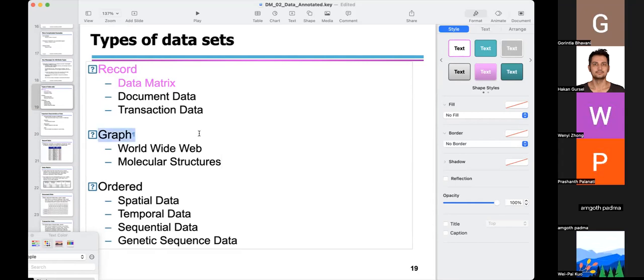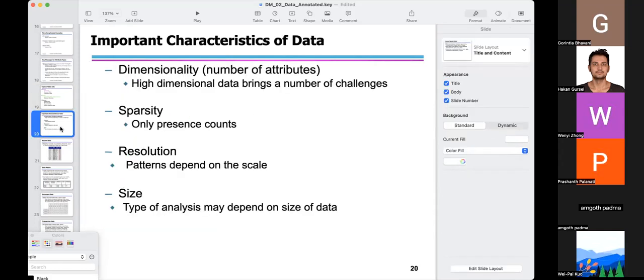But the data could exist in other structures, such as a graph. Like we mentioned earlier, the World Wide Web would be all the pages and links between them. That kind of looks like a graph if we were to visualize this data. So let's see how they look.